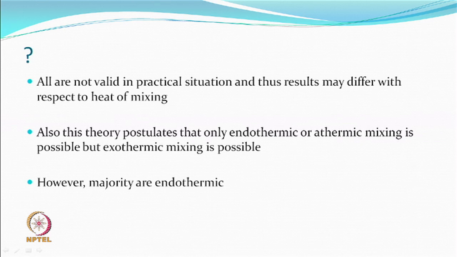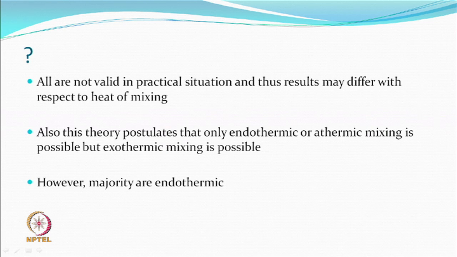So this value is always 0 or positive, and if it is negative, it obviously cannot explain that. But it is also a fact that the majority of polymer-solvent interactions are actually endothermic. So, to some extent you may be able to get results which are all right.